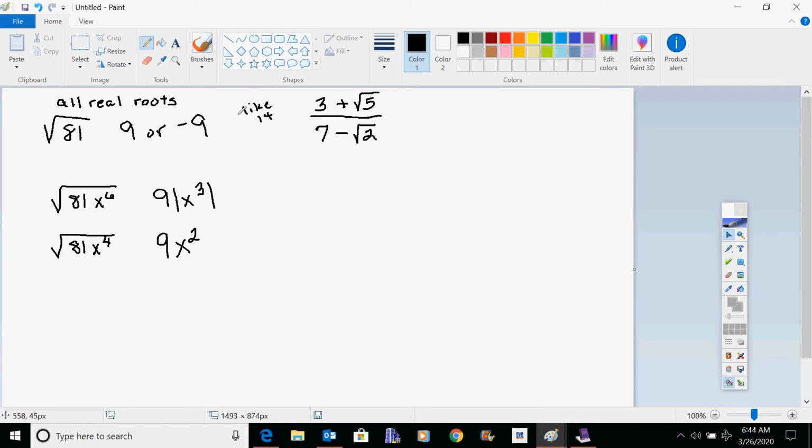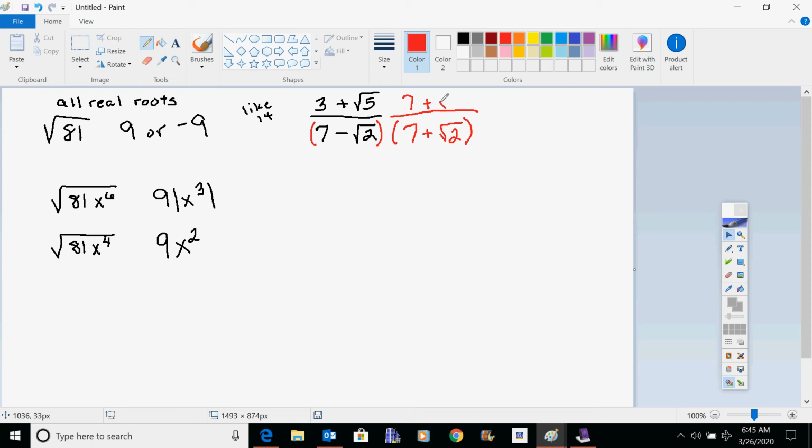Someone else asked for another example of a problem that's like number 14. So let's work through this for a minute. If you remember, you're looking for the conjugate of the denominator so that when you multiply it out, you're going to end up getting rid of the radical in the denominator.